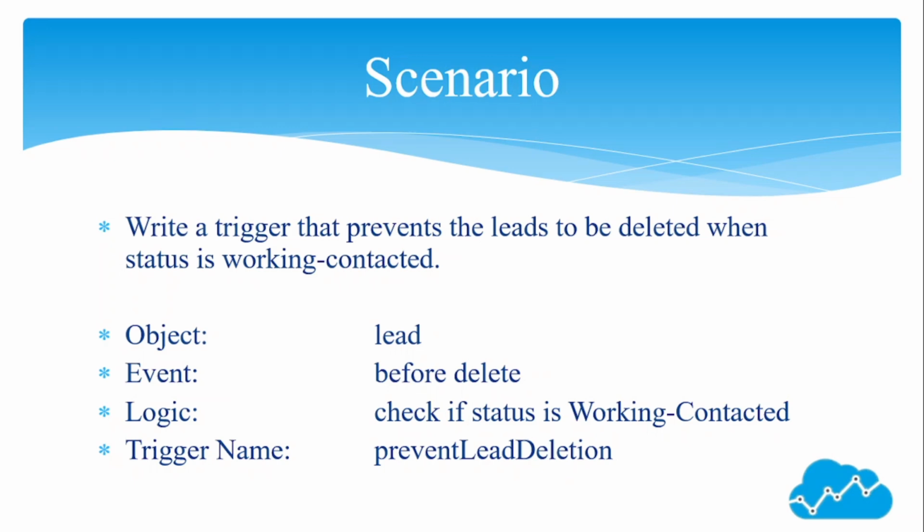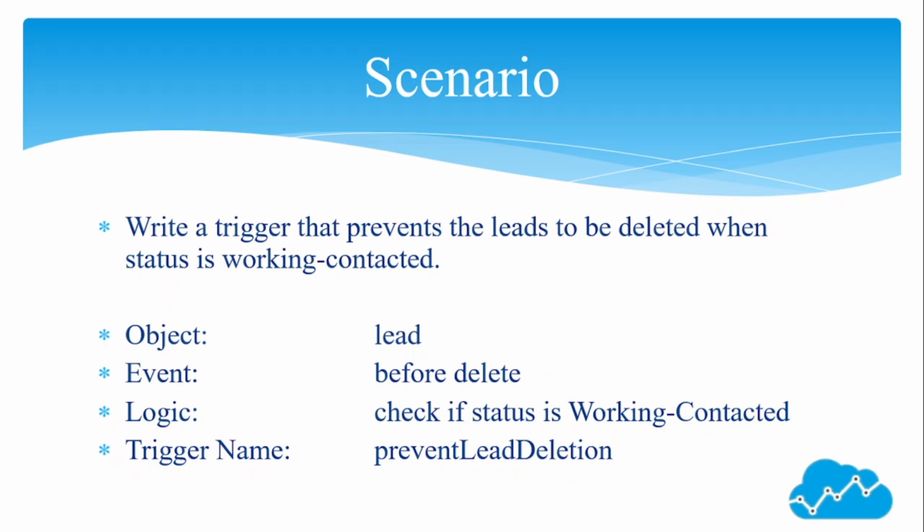Whenever status is marked as Working - Contacted, the user can't delete this lead. While writing the trigger, we have to prevent deletion of leads whose status is Working - Contacted, and display a message that this lead is in Working - Contacted, you can't delete this particular lead.